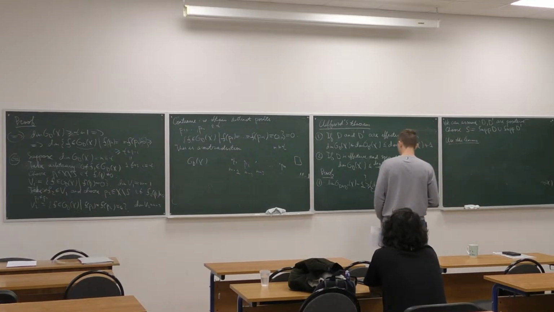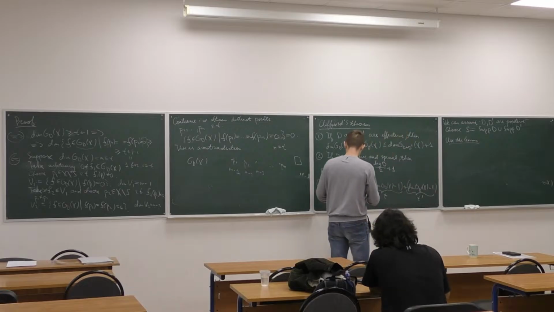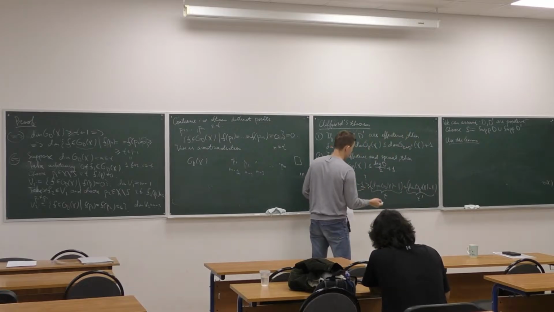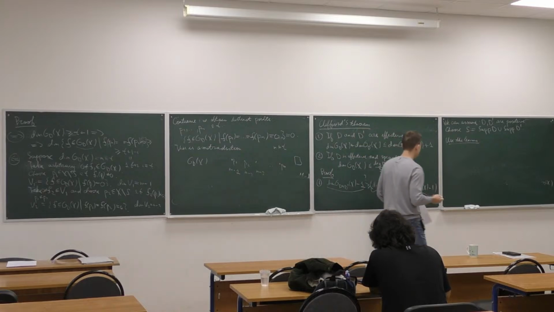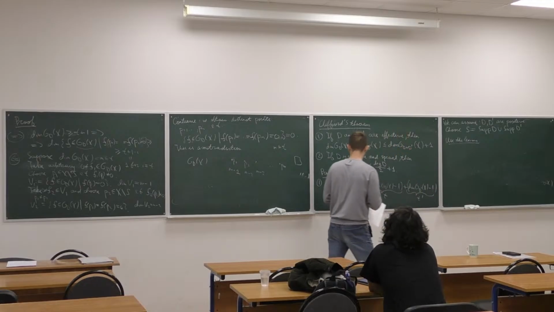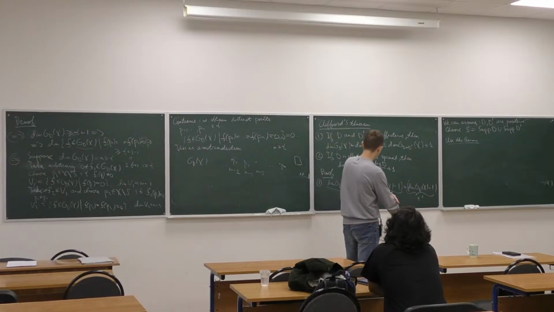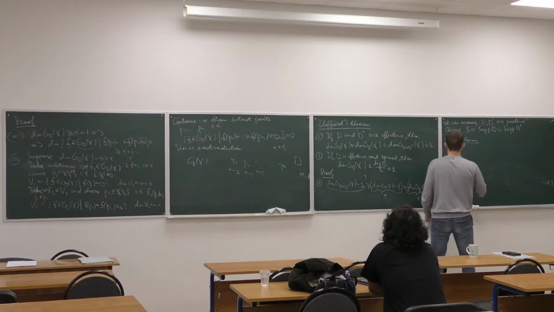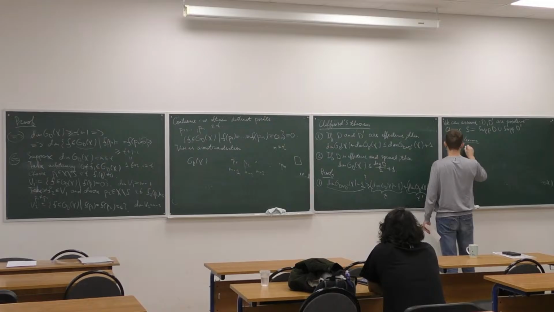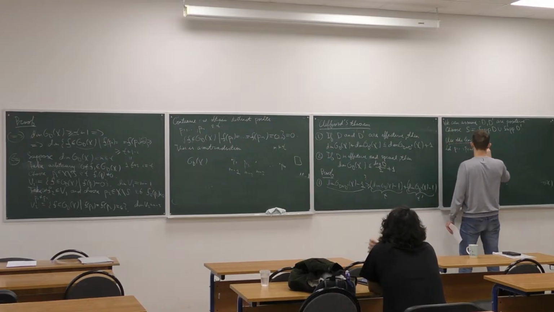So we want to check that this number is greater or equal than t plus t prime. So we have to check that for any t plus t prime points, we can choose a non-trivial function that vanishes at these points. So let p1, ..., pt be arbitrary points.